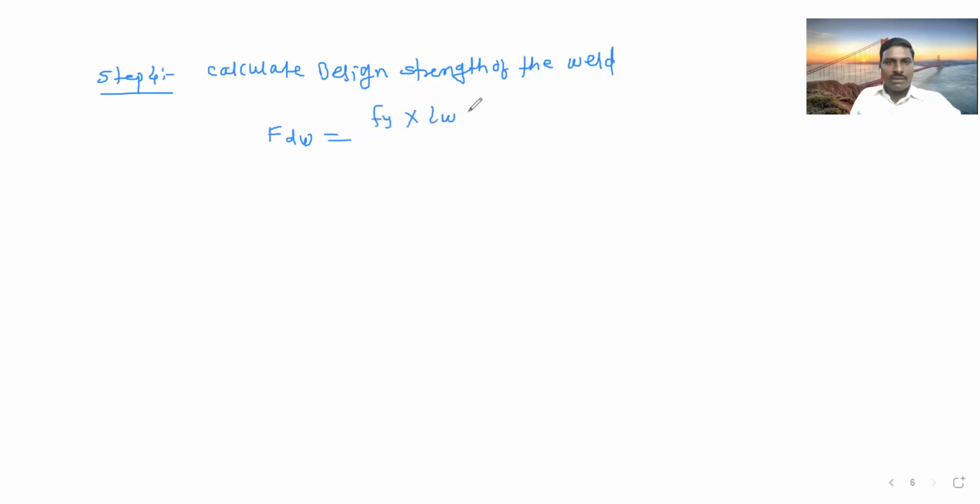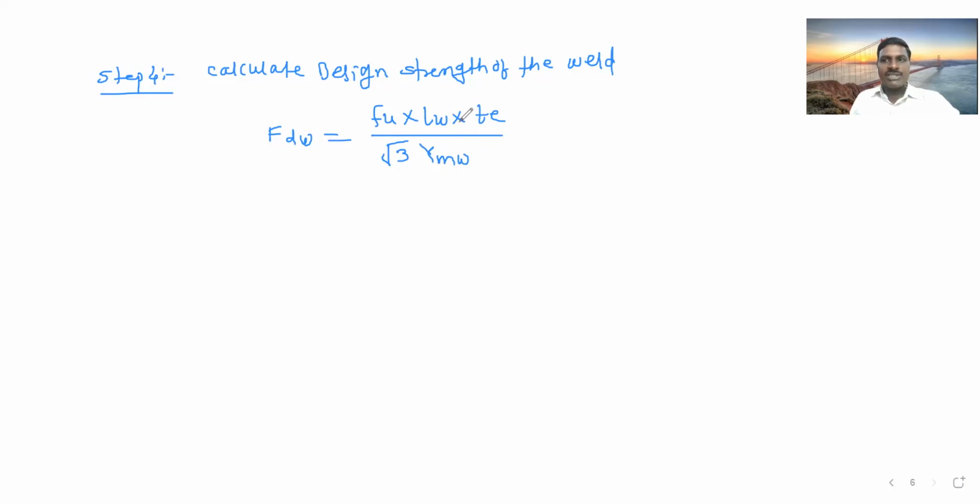Fu into LW into T divided by root 3 gamma MW. If we are using root 3, it means this is the strength carried by shear; shear force comes on this particular type of weld.